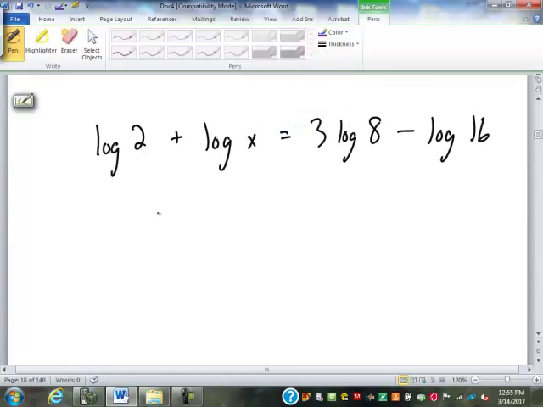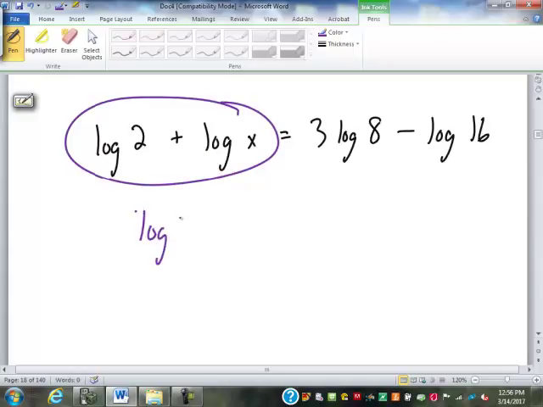On this one here, you could use the calculator and figure out all those logs as numbers. Or the easy way out is to do this. If you're adding logs, log of 2 plus log of x is log of 2 times x. Remember, multiplying two numbers within the log, you can split it up and make it separate logs.